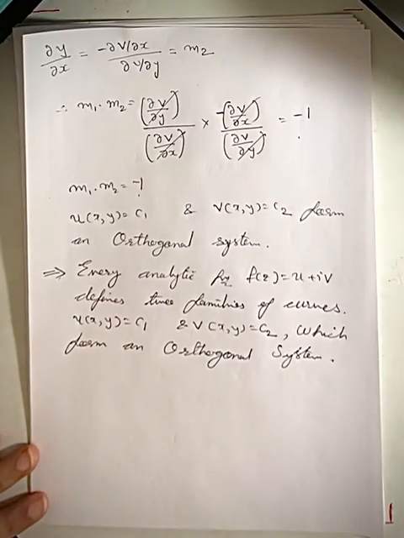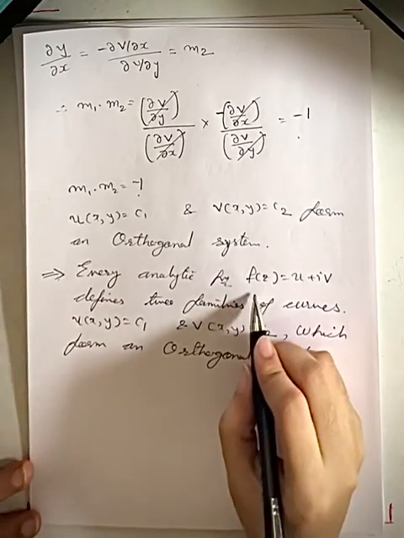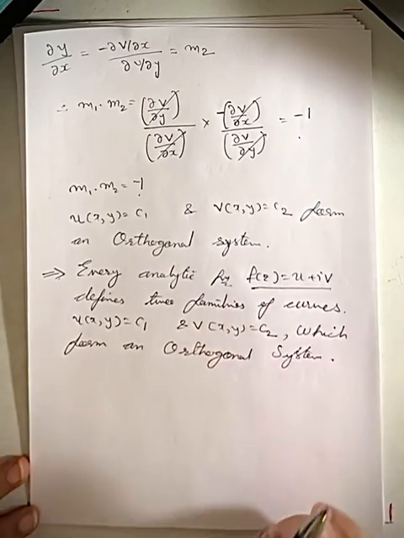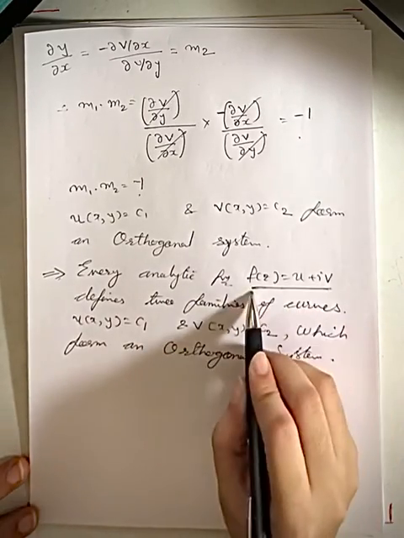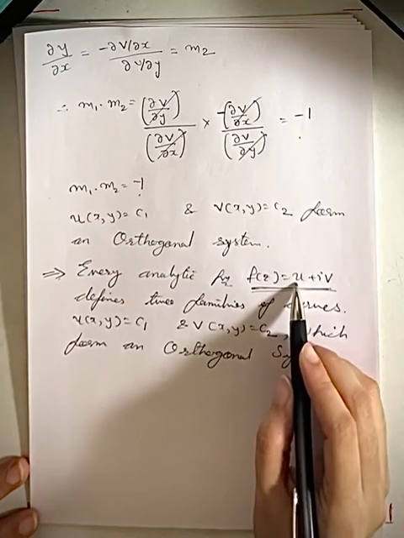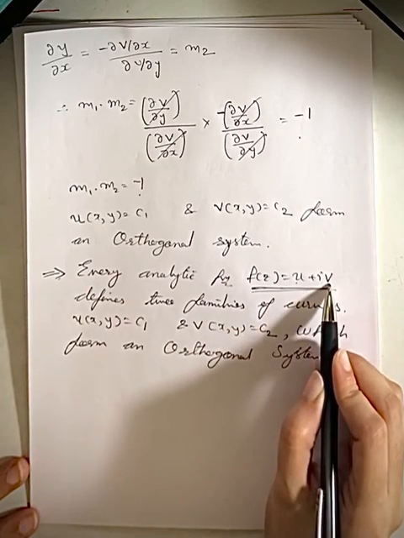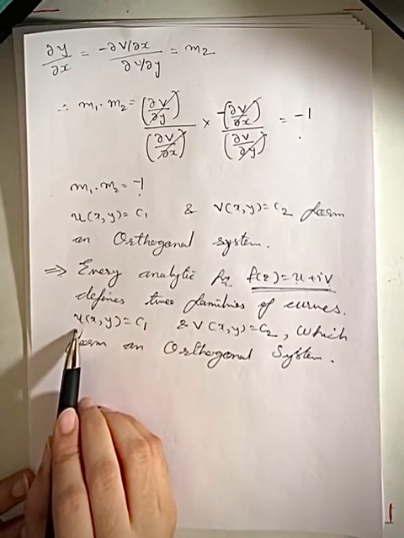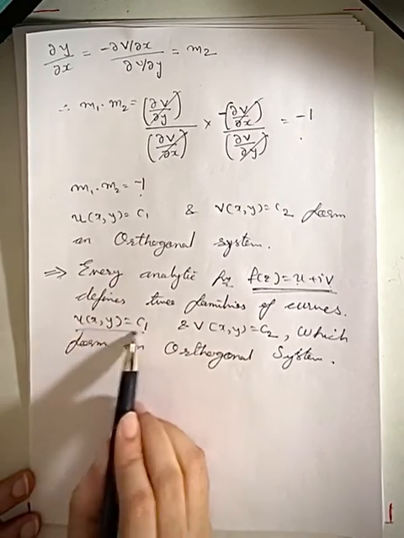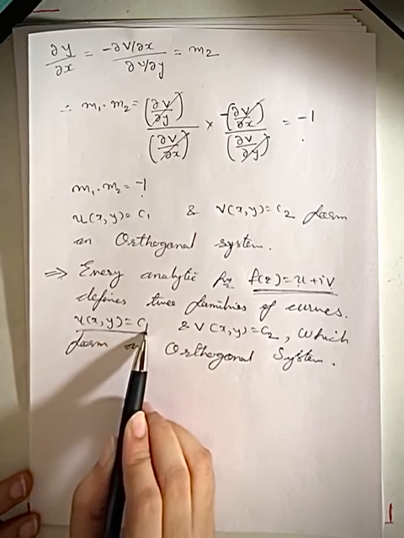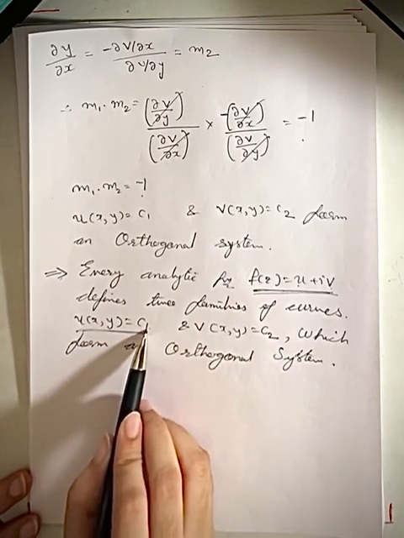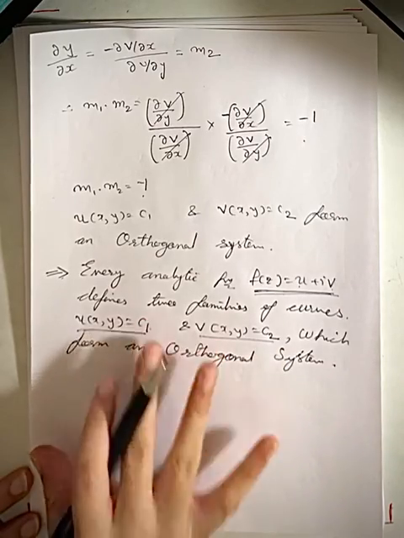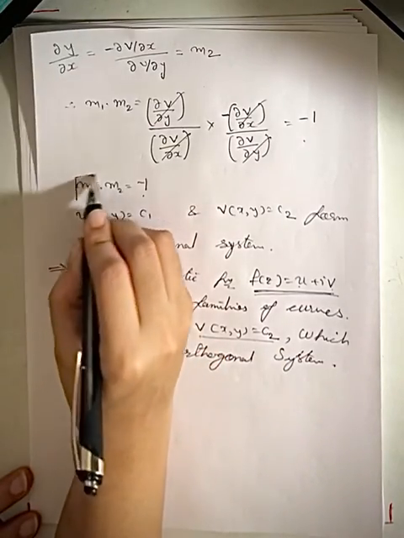Okay, so whenever you have any analytic function f of z equals u plus iv, then you always have u of xy and v of xy, and so this is a family of curves c1. Okay, so u of xy is defined as c1, and this is c2, and both of them will form an orthogonal system.